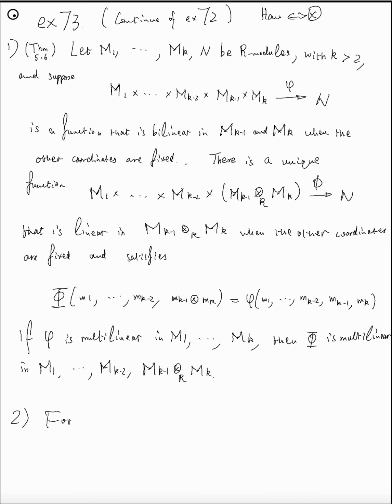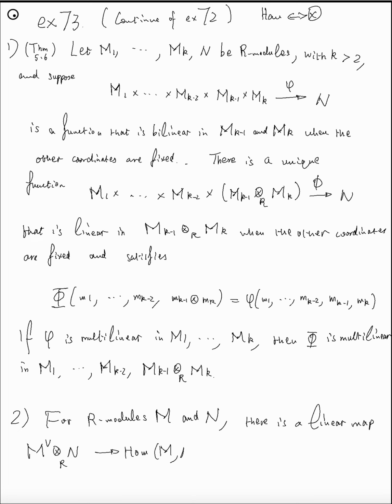For R modules M and N, there is a linear map from M dual tensor N over R to the Hom functor from M to N.